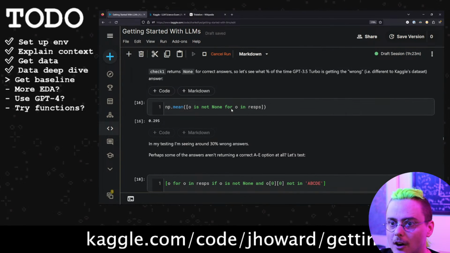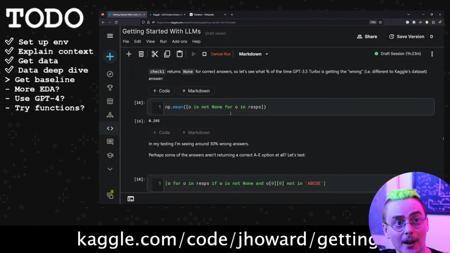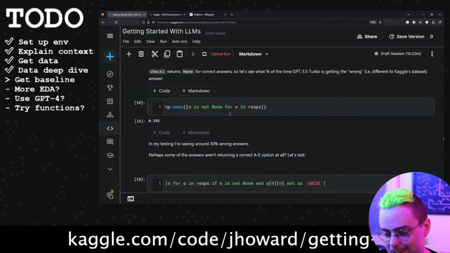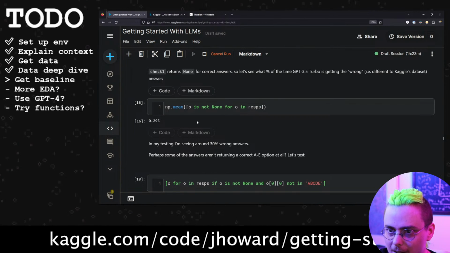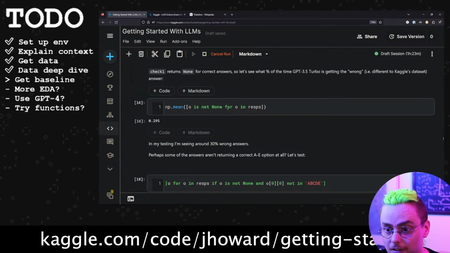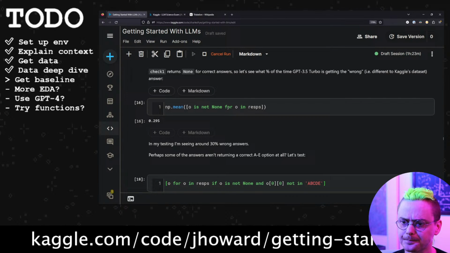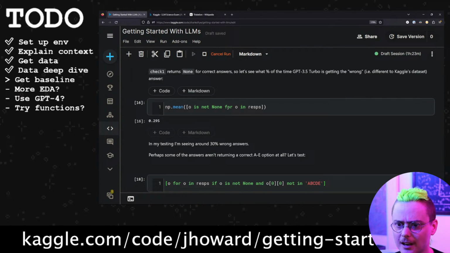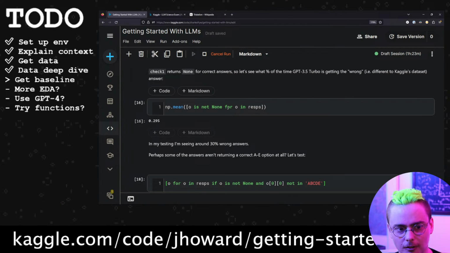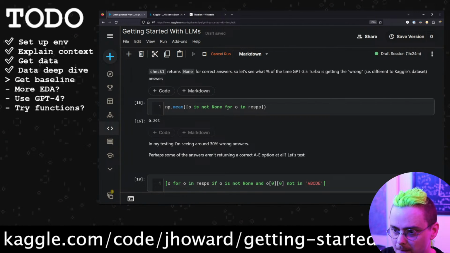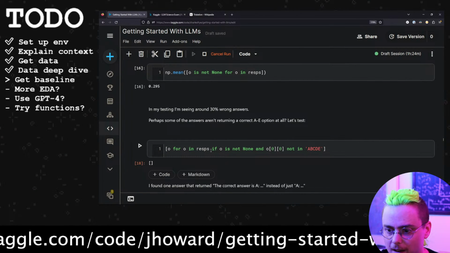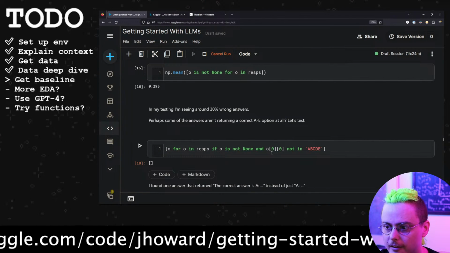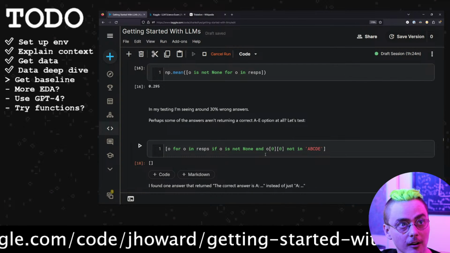We can keep going here and rely on the fact that I already ran this notebook, sort of cooking show style. We already have results here. We don't have to necessarily wait. So when I ran this previously, I got about 30% wrong answers. That's also what Jeremy reports for his example. And when I ran it, all of the responses fit the desired format.